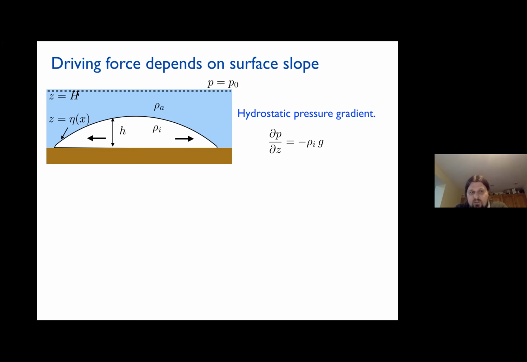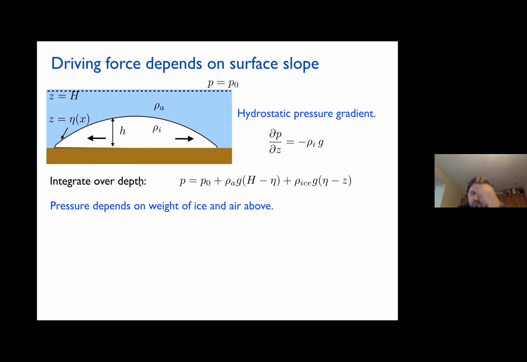So what you can do is, if you integrate from the upper surface of this box, so if we come up with some level Z equals capital H, where we fix the pressure, and you integrate down to the bottom, you enforce your boundary condition that the pressure is 0 at Z equals H to fix the constant of integration, and do a little bit of rearrangement. You find that in the ice, so below the surface, Z equals eta of this ice layer, you get the following equation for the pressure.